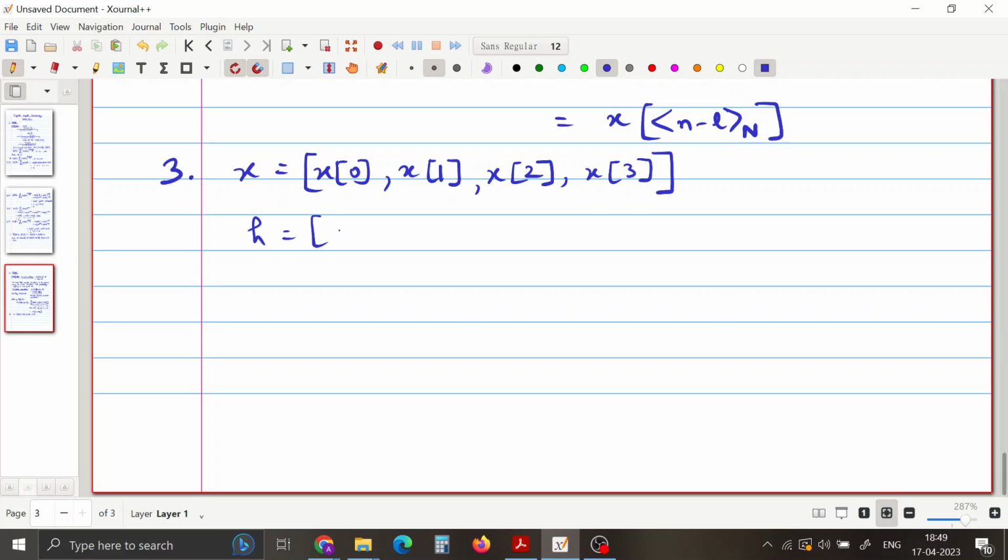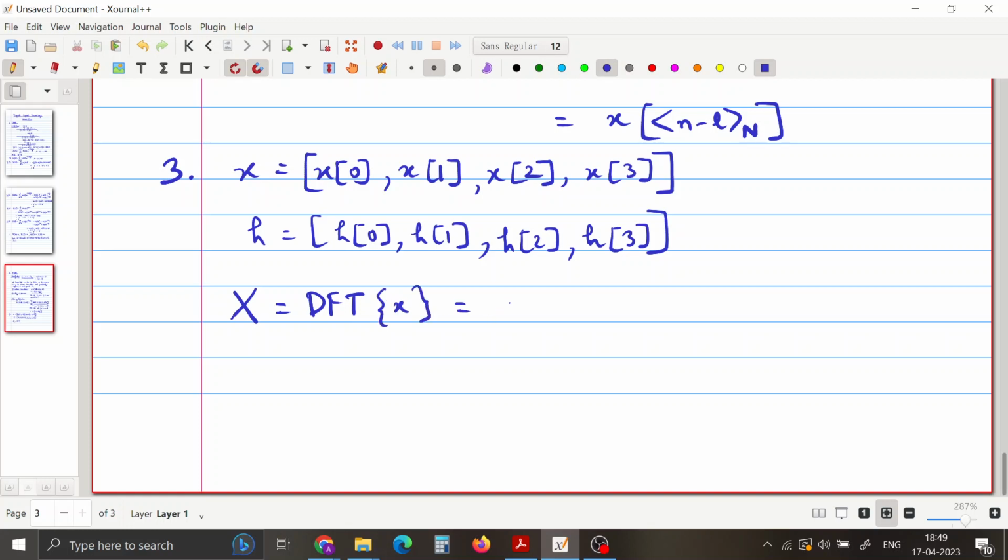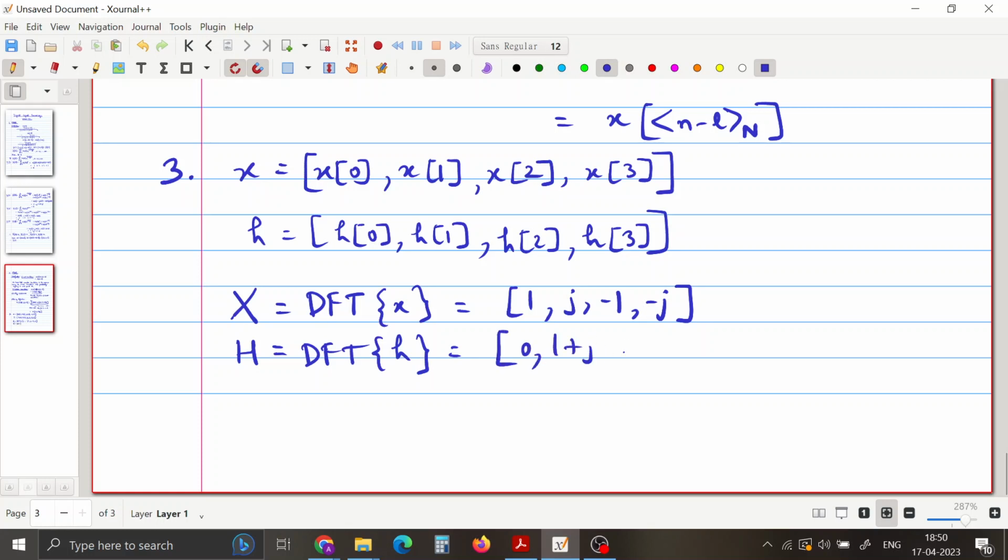Another one is this, and their DFT is this. Okay, so this is given.